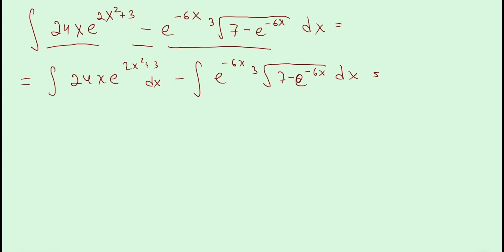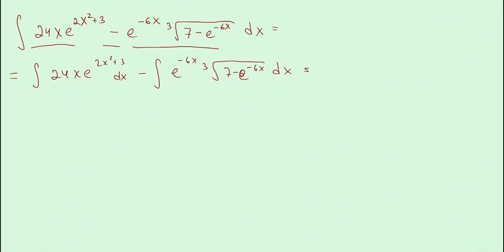Now we could apply the U-substitution. It's good to note that there's no limit on how many times you could use U-substitution. Here we're going to use it twice, for this function and for this function, separately. In the first part, we're going to have u equal to 2x squared plus 3. So our du is going to be 4x dx. Now notice 24x, we could rewrite this as 6 times 4x.